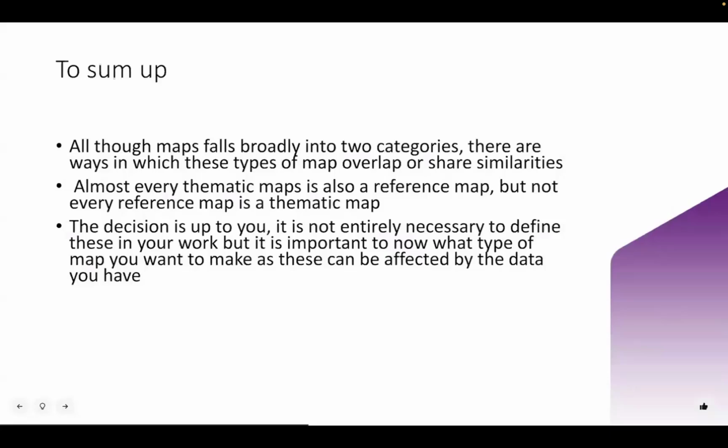And this decision is up to you. It's not entirely necessary to define these in your work, but I do think it's important to know what type of map you want to make, as these can be affected by the type of data that you have.